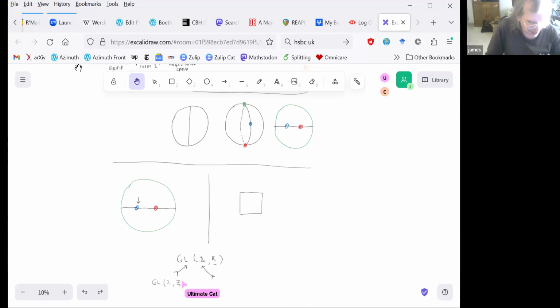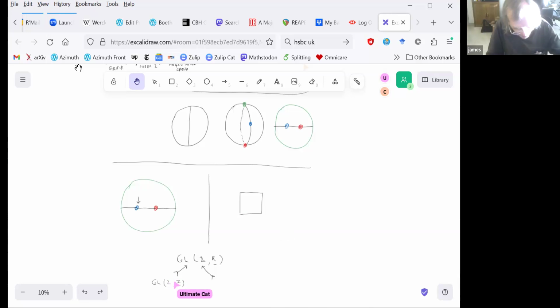Again, I'm tempted to make it SL2Z instead of GL2Z, but I can't quite think of a justification for that. There's probably some justification we could come up with, but at the moment I'm saying that we should use GL2 comma Z, the automorphism group of a lattice. If you preserve a lattice, then it's GL2Z.